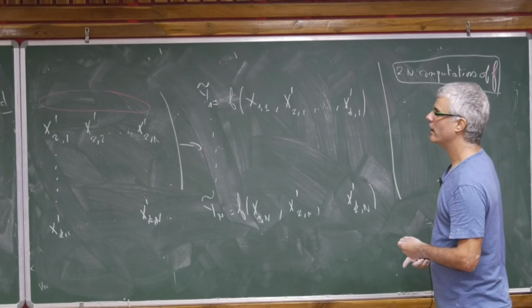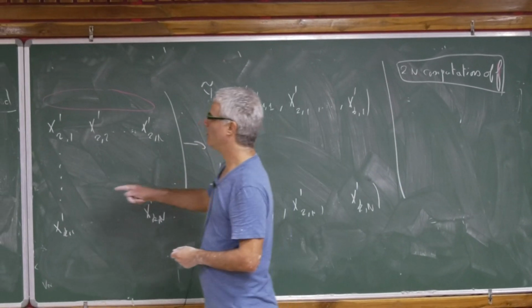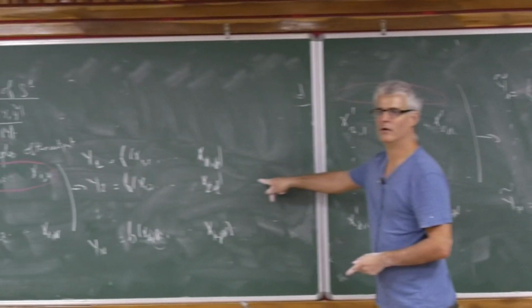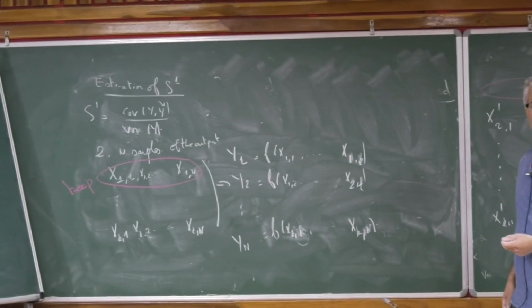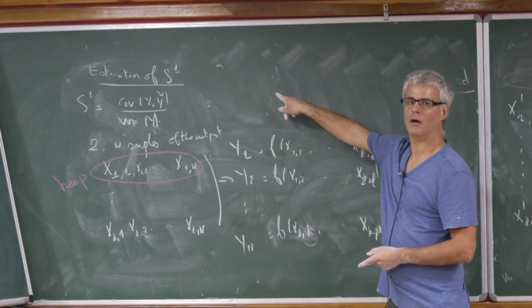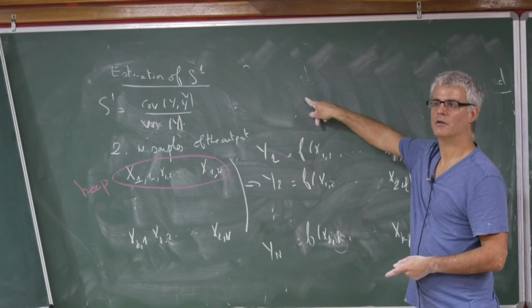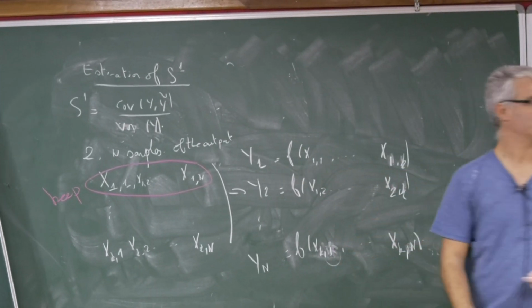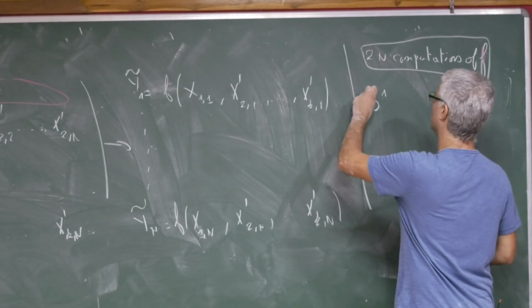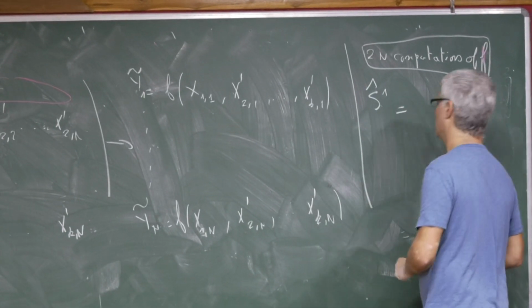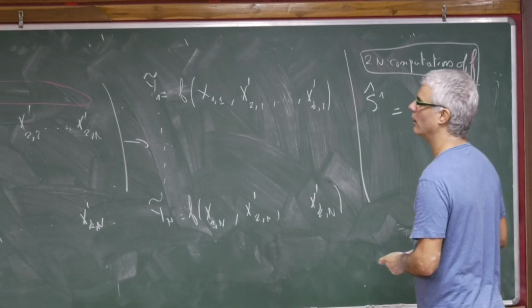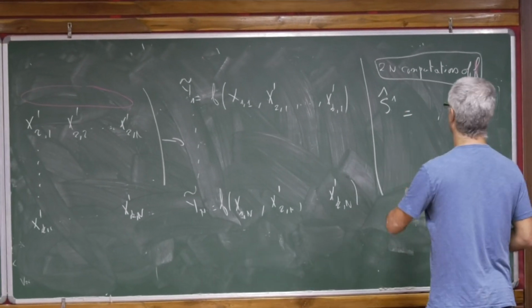So now I have n samples of y, n samples of y tilde, so I can compute a classical estimation of the covariance and the variance. So what would be a natural estimator?